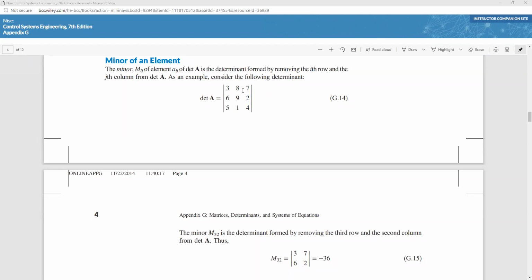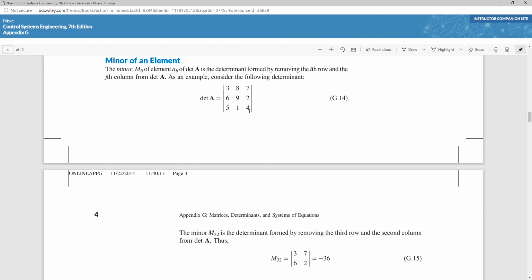If I want M32, that is M11, M12, M13, that means M32 means third row and second column.